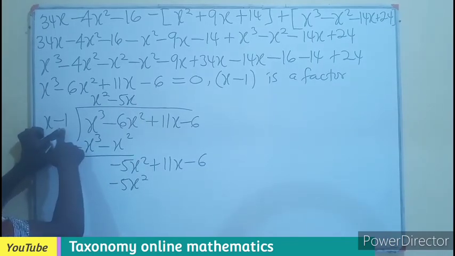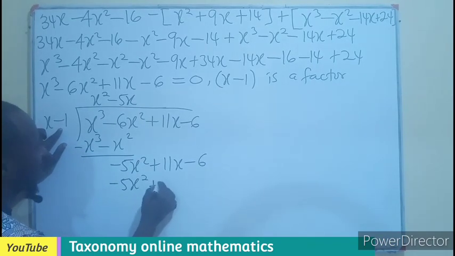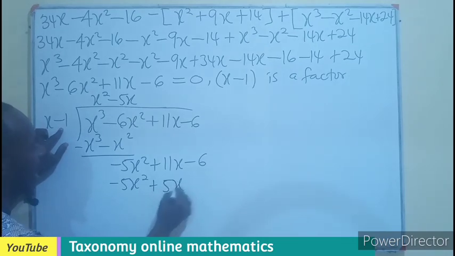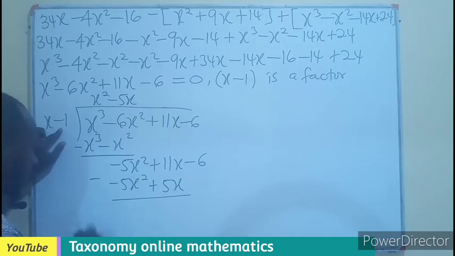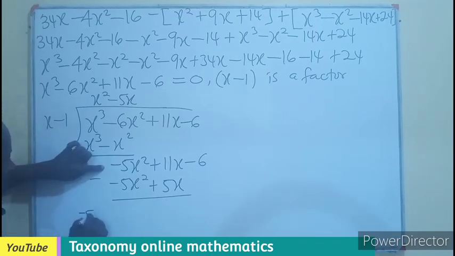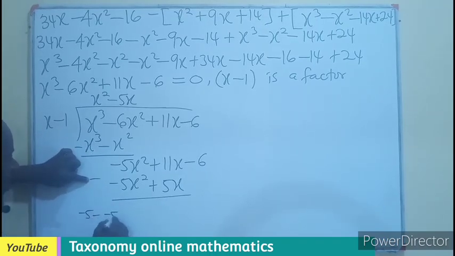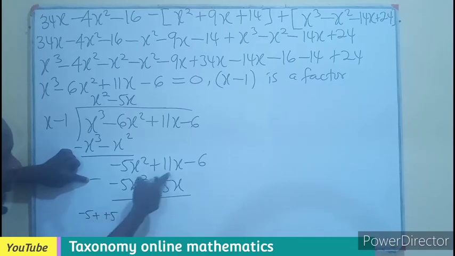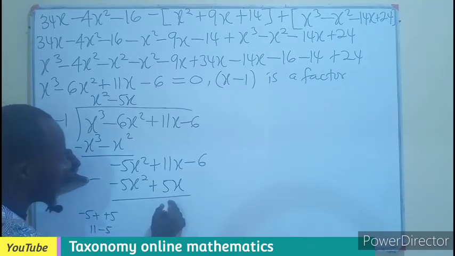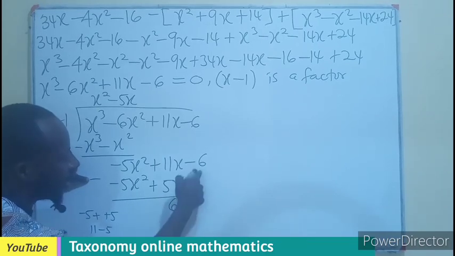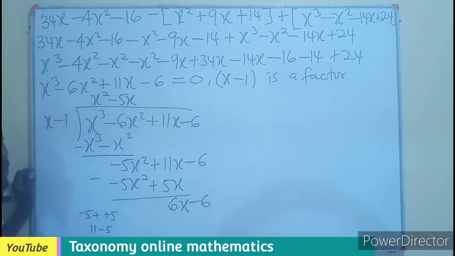Negative times negative gives us positive 5x. So now let's perform our subtraction again. This is going to be minus 5 minus minus 5. It cancels to 0. Here is going to be 11 minus 5. That gives us 6 of the x. Then we bring down minus 6.